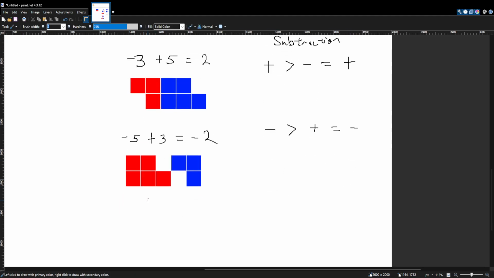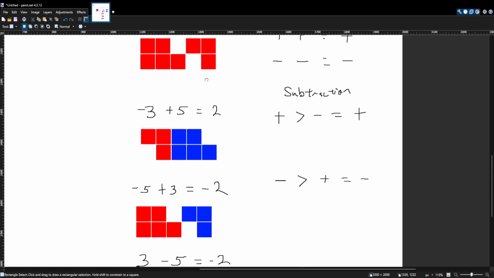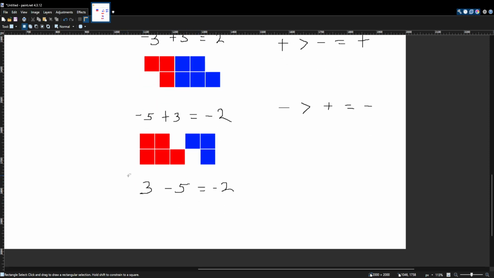This would be the same as if I took 3 and I subtracted 5. I'm going to get -2 because this 3 is positive, this 5 is negative. I'm subtracting a positive value, which means it's a negative number. If we think about it in terms of flipping those positive values over, we're going to get -2.